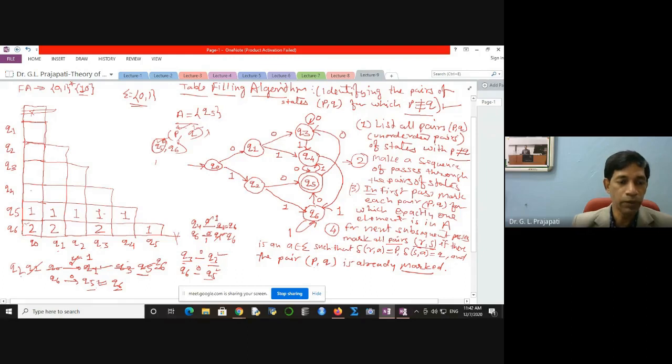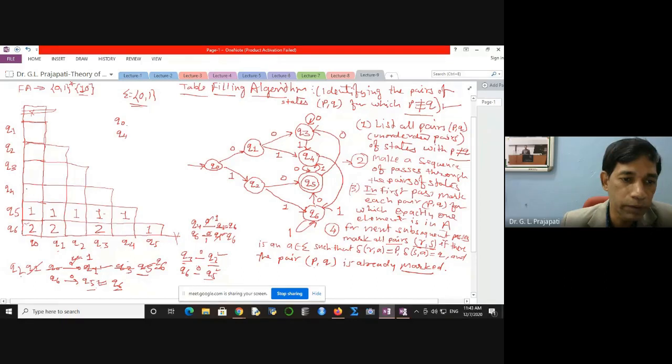Now you can similarly consider whether you can mark Q4 and Q0 or not. So Q0, Q4 can be marked or not. You are going to decide this pair, Q0 and Q4. So from Q0 you have the input 0, you are going to the state Q1. And from Q4 for input 0 you are going to the state Q5.